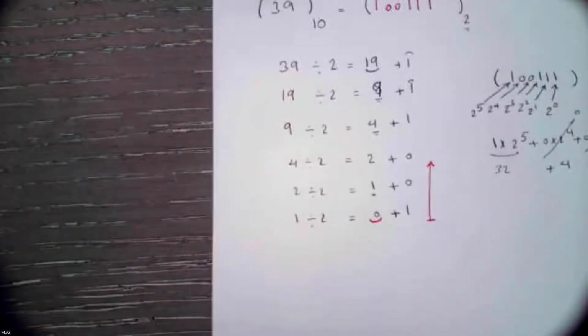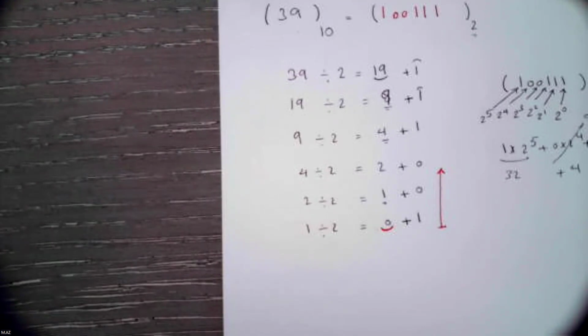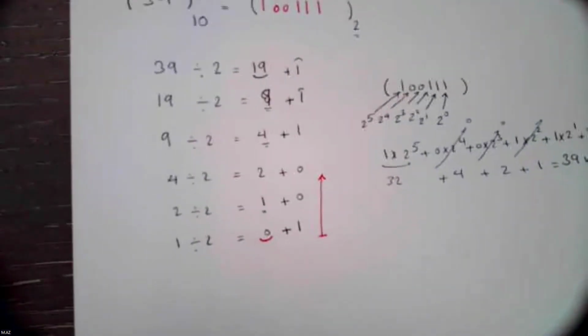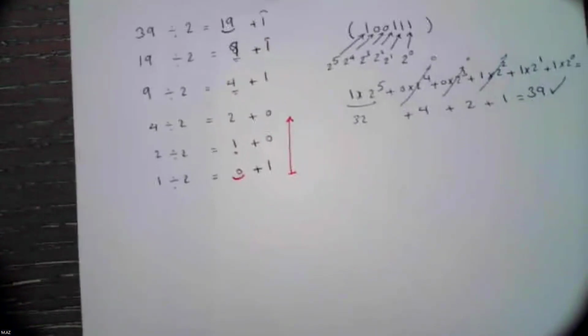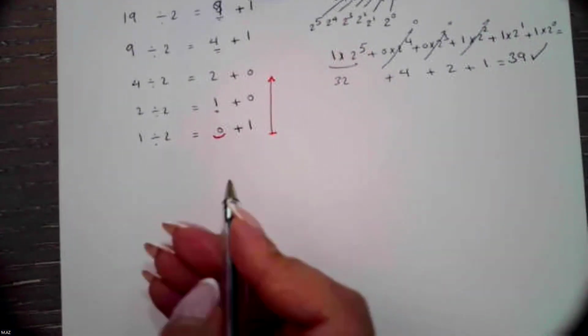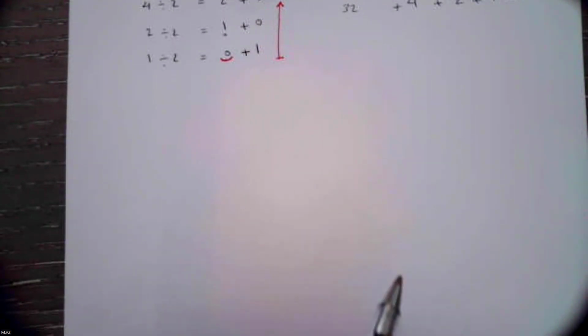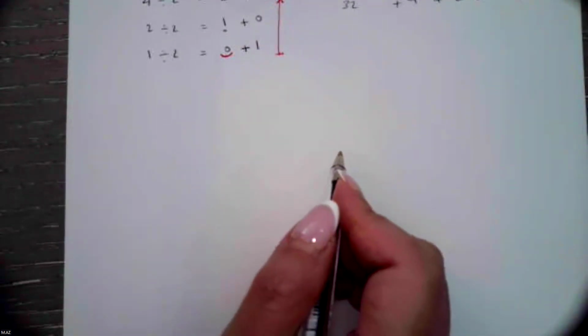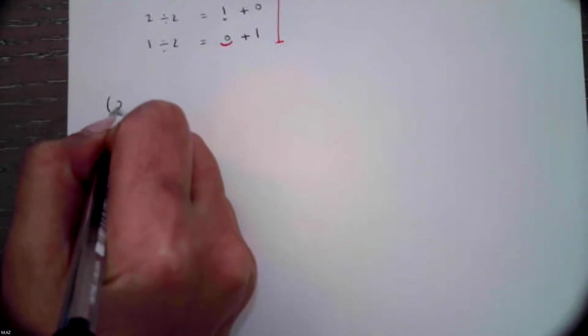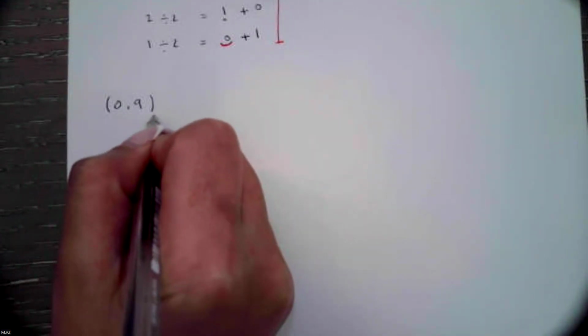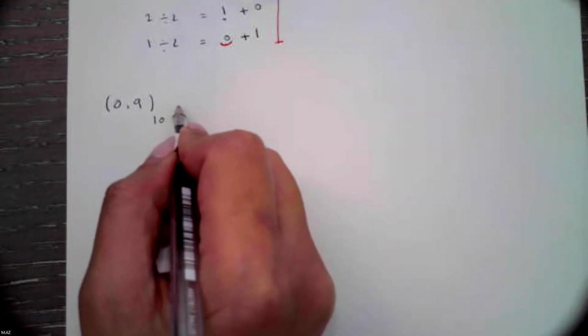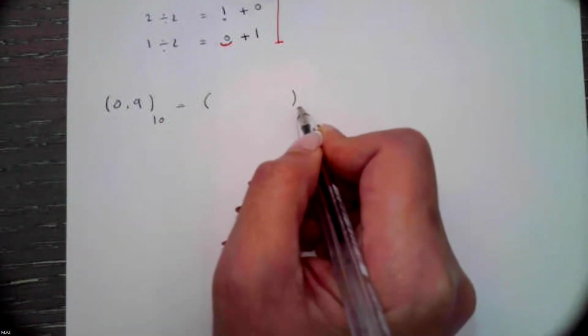First, we see how we can convert the decimal number, the fraction part, to the binary format. For example, if the fraction number that we have is 0.9, this is base 10, and now we try to convert it to base 2.